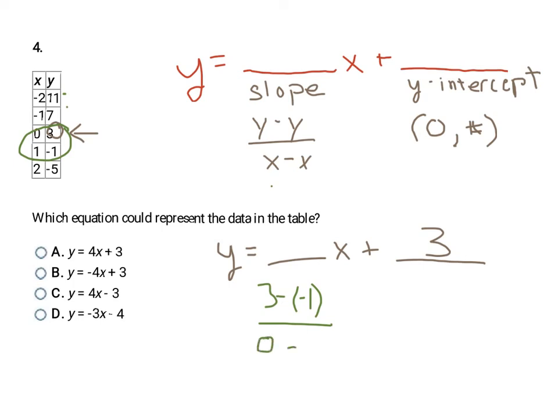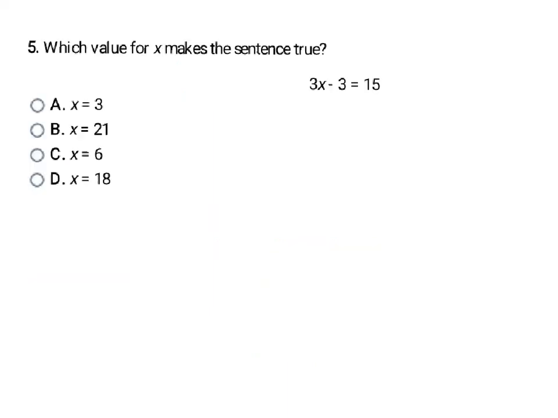So I'm going to take 0 minus 1. And then I just work that out. 3 minus a negative 1 changes to 3 plus 1, which is 4. And then 0 minus 1 is negative 1. And then 4 over negative 1 simplifies to negative 4. And that's going to be my number in front of x. And that makes my answer B.